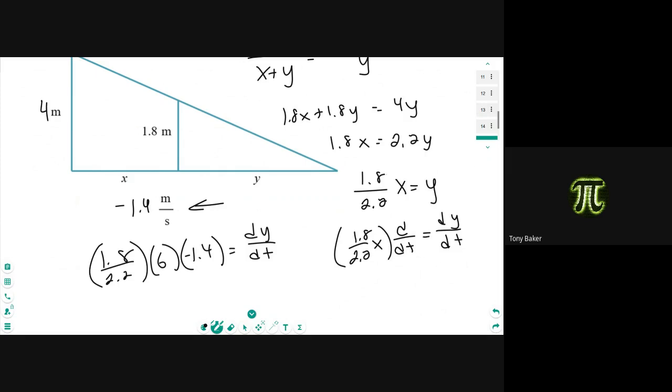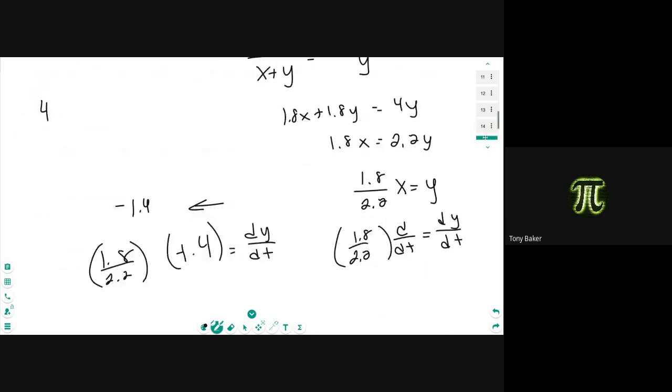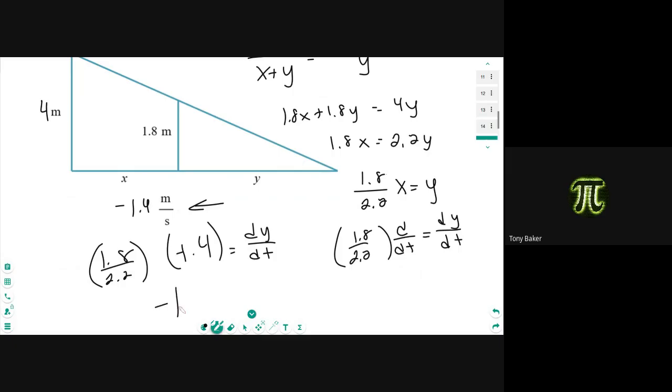Something's wrong. Oh, the x finished. That's a mistake I made. I forgot to take the derivative with the x. The x is gone. I knew something was off there. That's it. So we get negative 1 point, and I think they wanted it rounded to 2 decimal places. Yeah, hundredths. So negative 1.15.